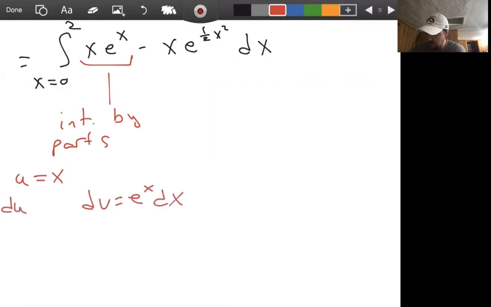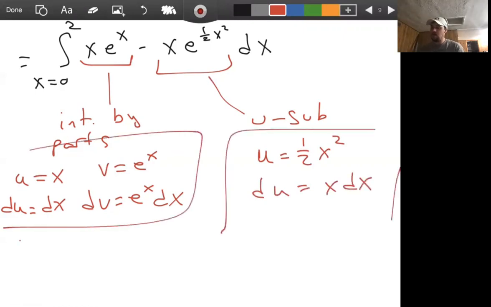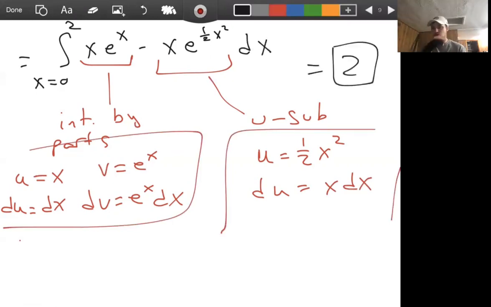So du is dx and v is e to the x. And then this integral, you use u sub, where u is 1/2 x squared, so du is x dx. And you can use these here to finish up this integral, and you can verify that you get 2.